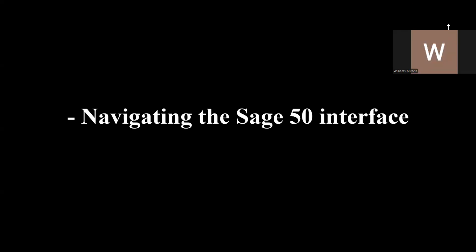So now that Sage 50 is installed, let's take what I will call a tour of the Sage 50 interface, understanding the layout, okay? Because when you understand the layout, it will make your work more efficient. So let's go to Sage Environment.